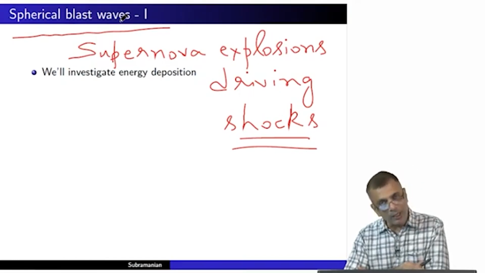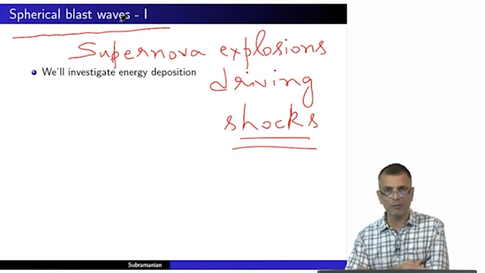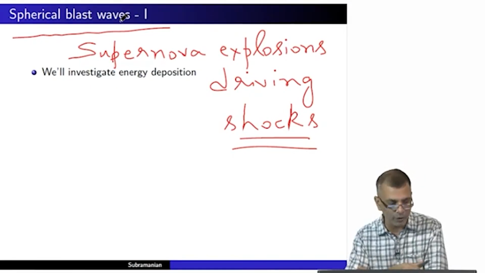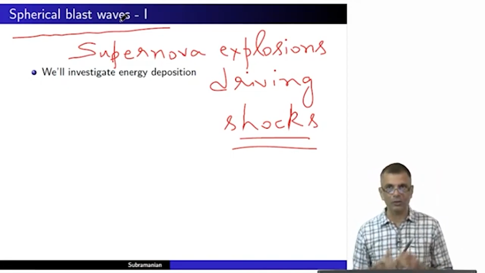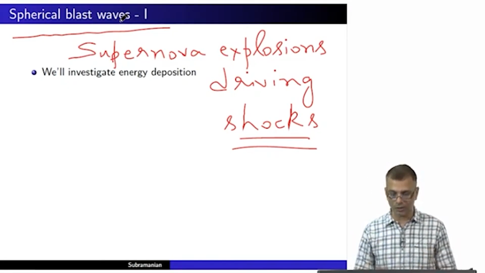So, our analysis is actually quite restricted, but it has the advantage of simplicity, and it has the advantage of predictability, and historically this was one of the first sort of stepping stones in understanding the formation of shocks in astrophysical situations. So it's important for us to go through this, right.